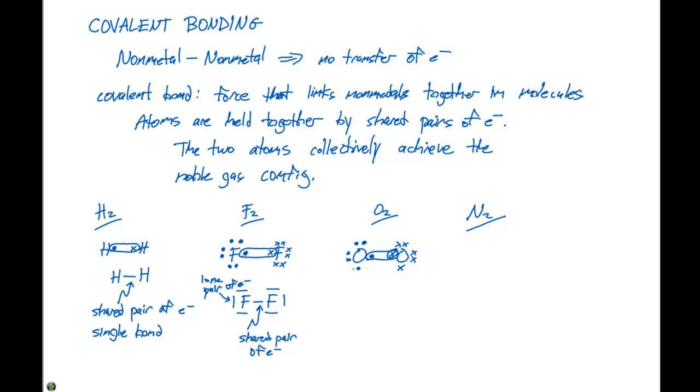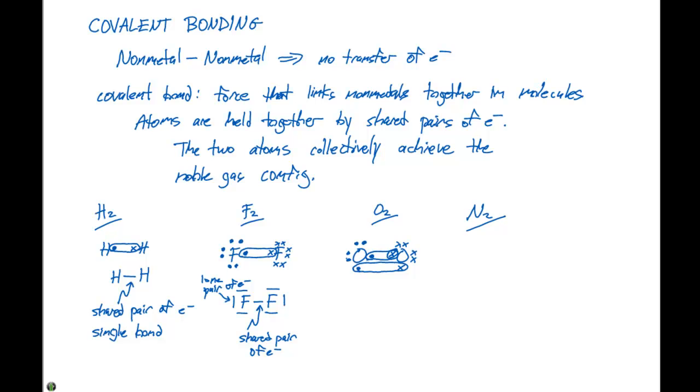So what has to happen is we need to form another covalent bond between the 2 oxygen atoms. So now when we count these up, we have 4 circles over here on the left, and then a circle and an X, and a circle and an X, giving a total of 8 electrons.